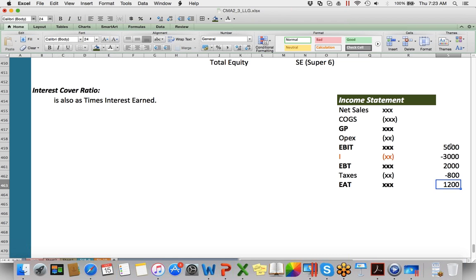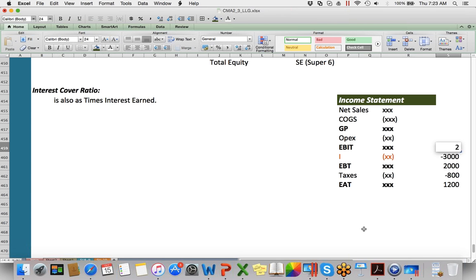Why? Because the earning is $5 against an interest of $3. For every $3 of interest, you earned $5 of EBIT, your operating profit, which is unfair.